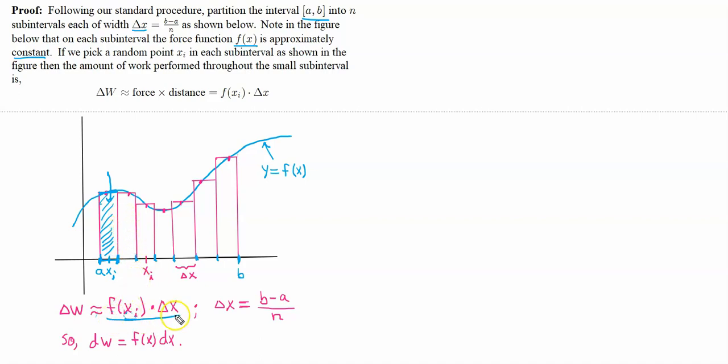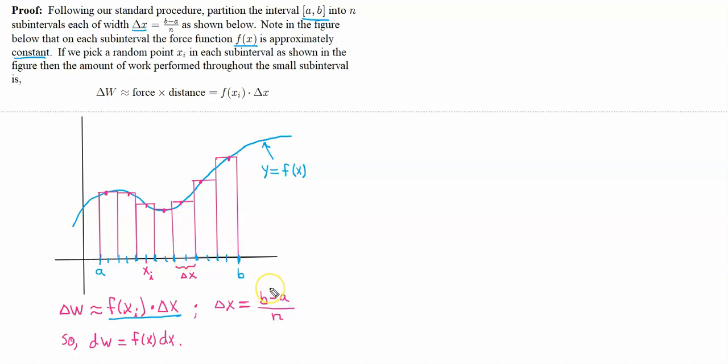That comes from our definition, work equals force times distance, where the force is constant. On this interval, the force is approximately constant, so we can just calculate it like this. Then all we have to do is sum all of these values as i goes through each subinterval.